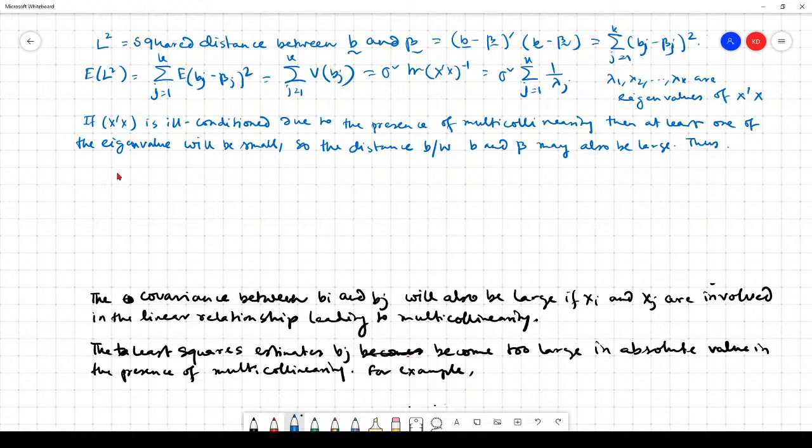Thus, expectation of L square is sigma square trace of X prime X inverse.